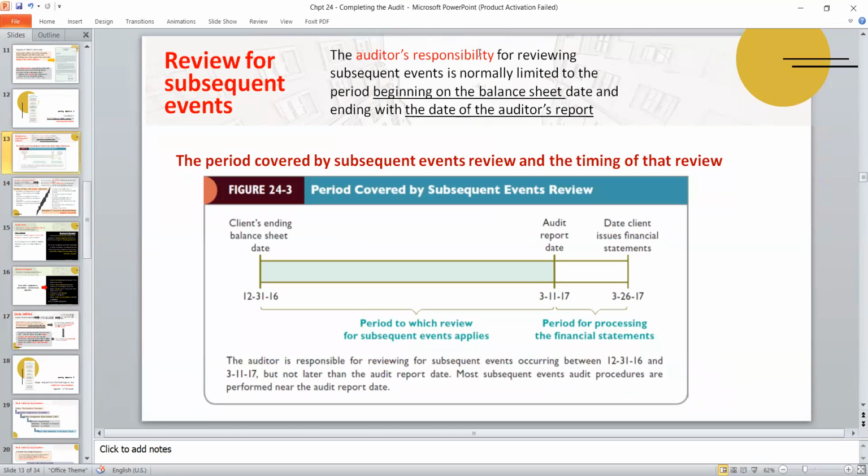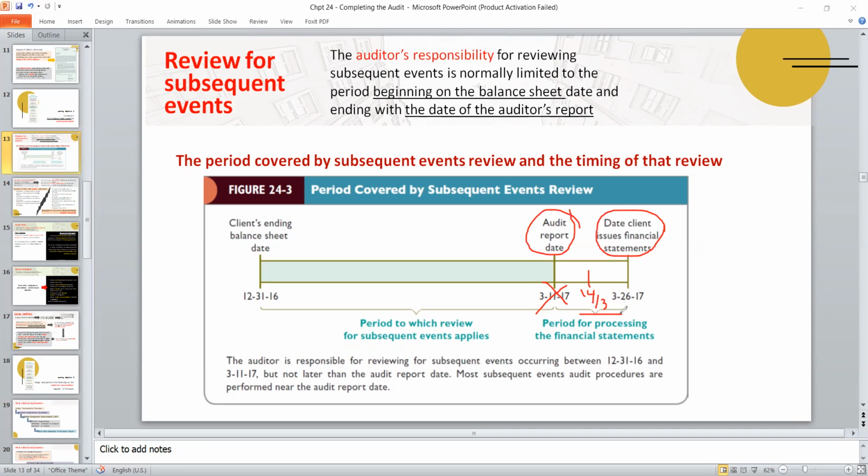Now, in here, this is the audit report date. This is before the audit report is issued. So, if the new subsequent event happens in here, 14 March, you have two options. You delete your opinion for this date, and you use this date for your new opinion.